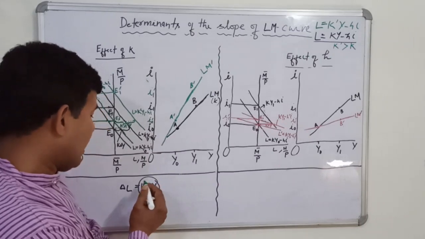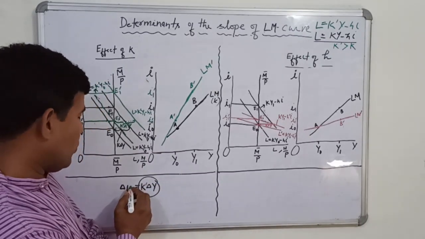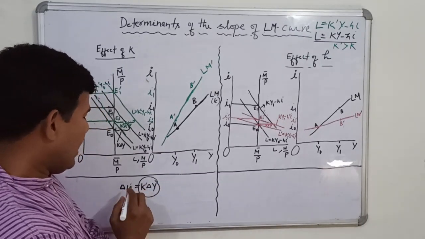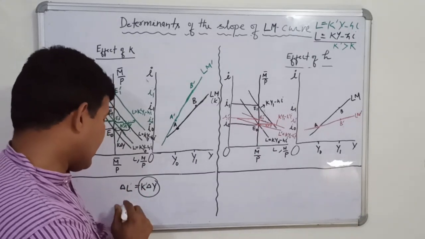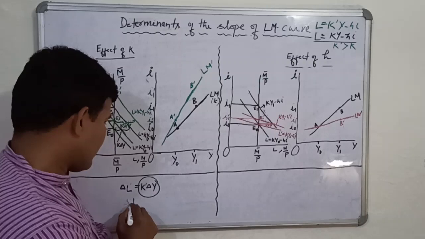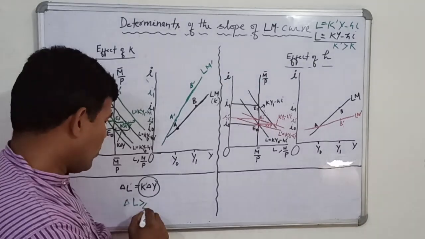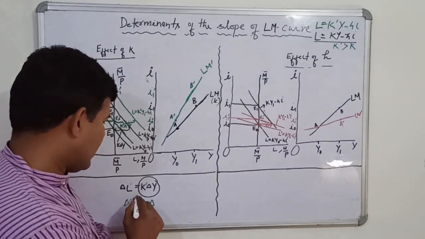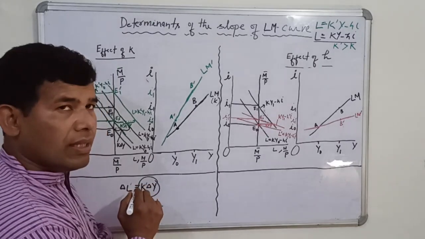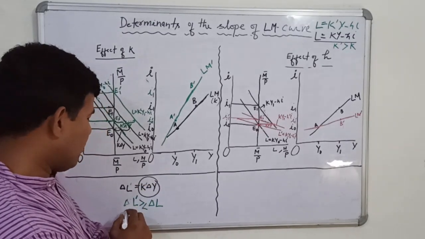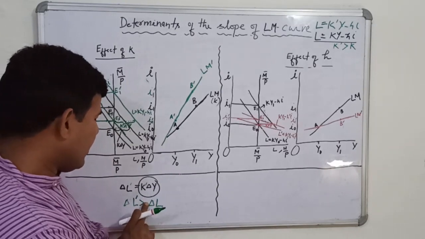Then the money demand change would be delta L prime. Now if I ask you whether delta L prime is greater than or lower than delta L, definitely delta L prime would be greater than delta L.